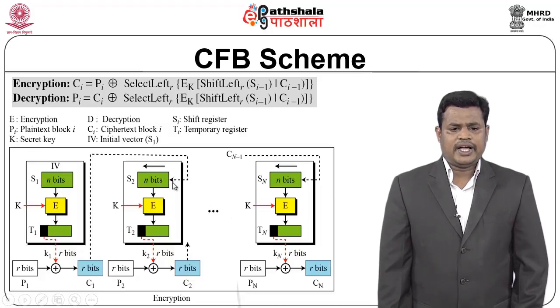If I want to generate S2 of the next block, for example if I want to generate C2, the ciphertext of C2, what I require is P2 into the encryption key, and it is taking S1 and part of your C1, R bits of your C1, and then it is left shifted. This is what you are going to get as the new value.